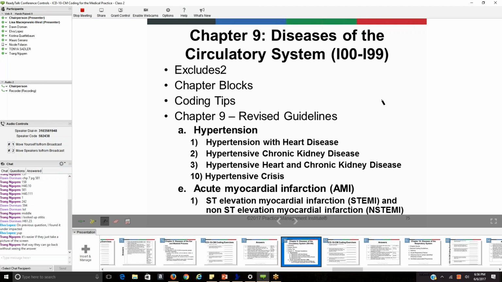For encounters, remember this is important because you probably are going to have a coding exercise on this, so you may want to highlight the bottom of page 60. For encounters occurring while the MI is equal to or less than 4 weeks old, including transfers to another acute setting or post-acute setting, and the patient requires continued care for the MI, the myocardial infarction, codes from category I-21 may continue to be reported.